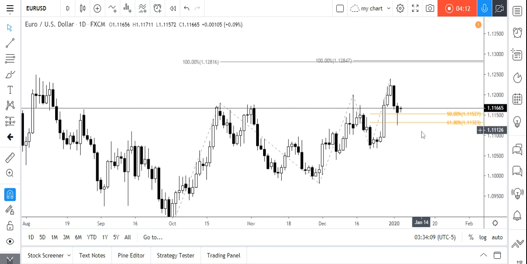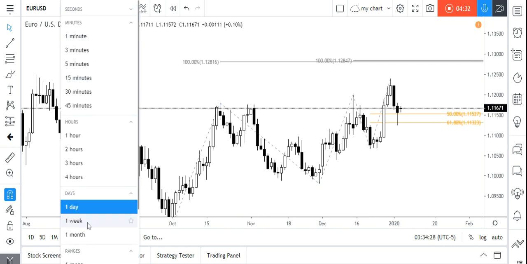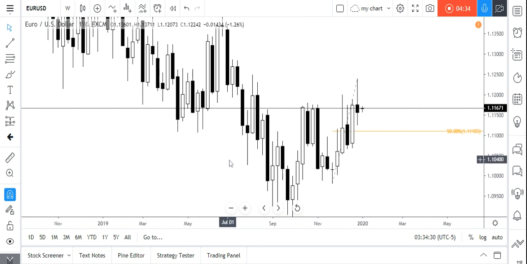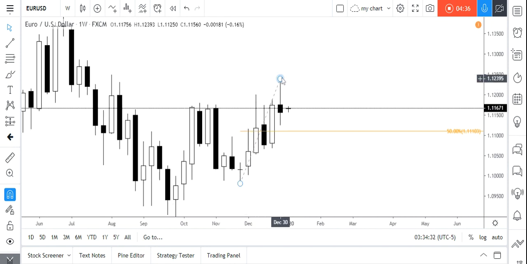Price may further come down to the 1110 area, and still it will be considered strong enough to continue to the upside, because 50% is an acceptable retracement level on EUR/USD. The 50% of this recent ABCD is the 1110 area.